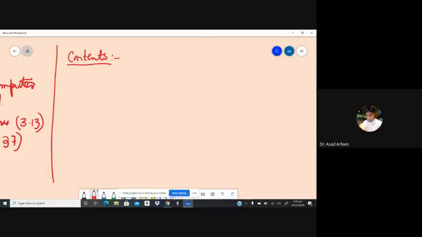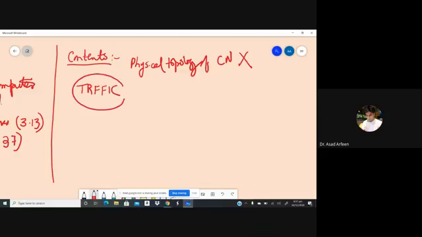It's not about the physical topology of computer networks. We are not going to do this. We are not concerned about routing and other things. This course is more about traffic. It's more about internet traffic.